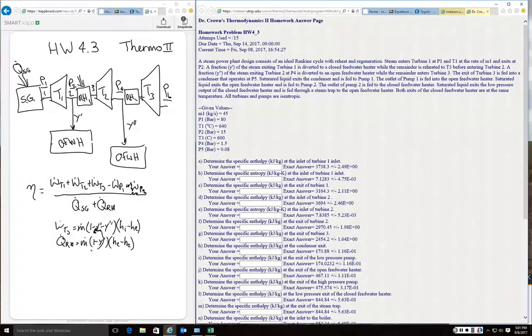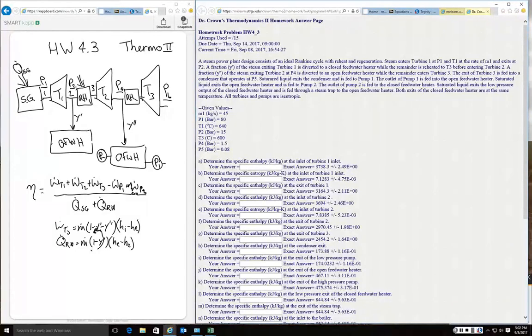So coming on the way back up, I'm going to have a pump that brings it from P6 up to P4. And then since the second feed water heater is at another intermediate pressure, I have another pump that brings it from P4 up to P2.